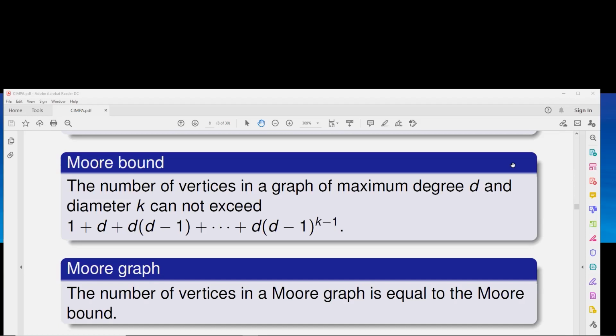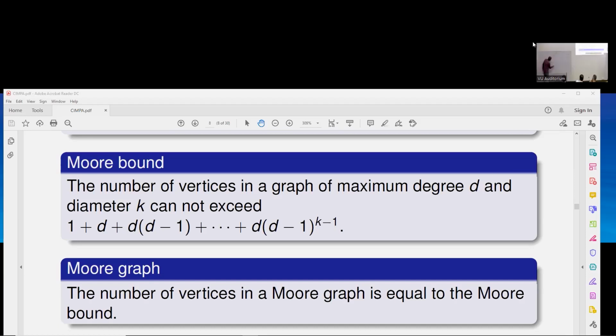This vertex is already connected to one. In the next level, if we want the graph of diameter 2, then you would have to stop here, because we are looking for the largest possible graph of diameter 2. From this level, you can't go further anymore because it would be diameter 3. But now you will have many vertices in this level.